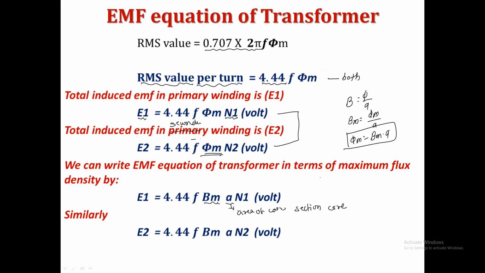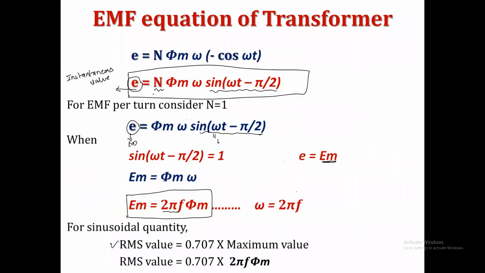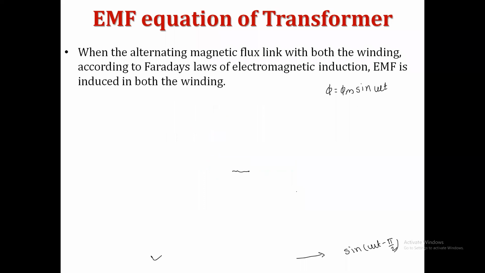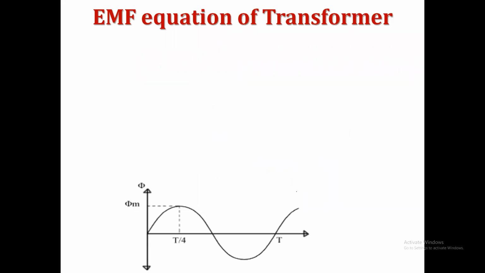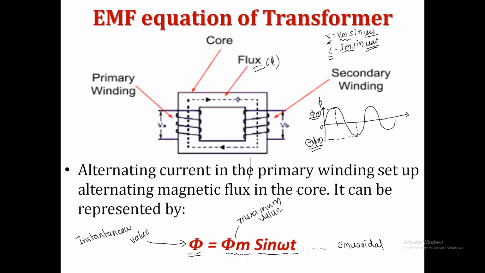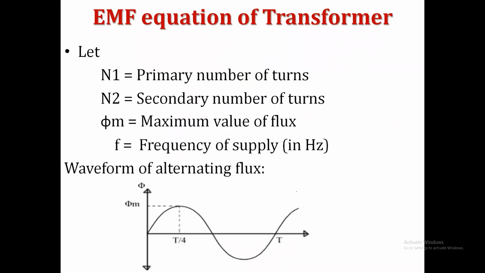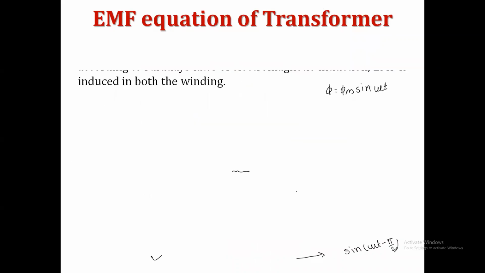Is it that clear? See where we have come from, you can look from the beginning. We first considered this diagram. Alternating current will create the alternating flux, so that alternating flux is phi equal to phi m sin omega t. These are the terms. This is the waveform of that flux.